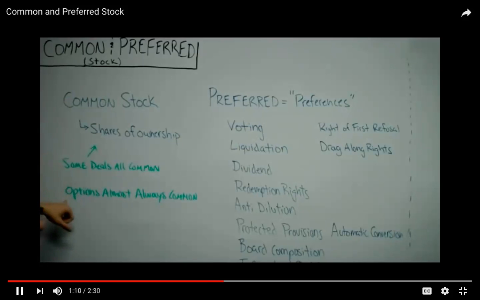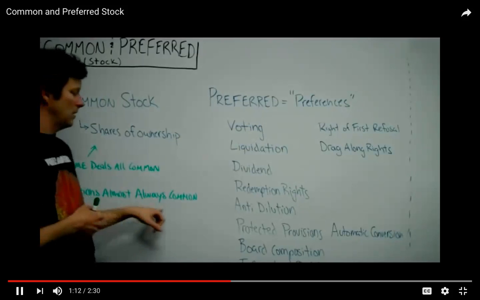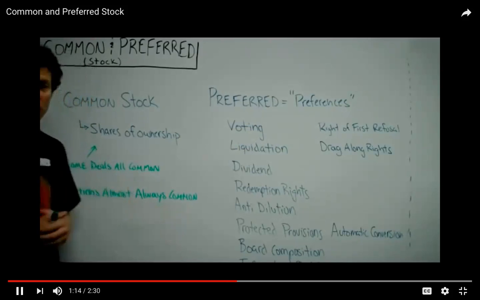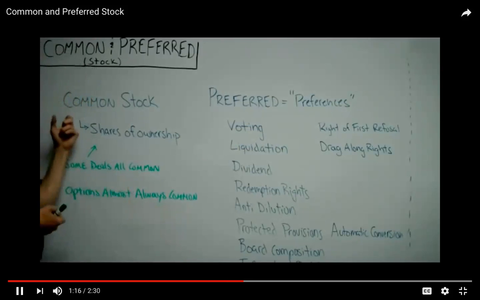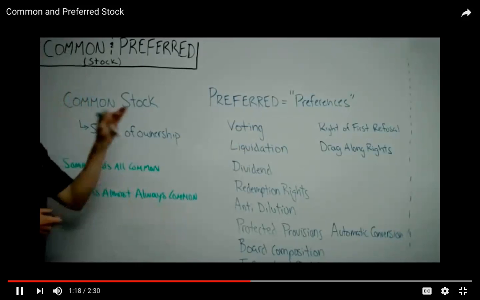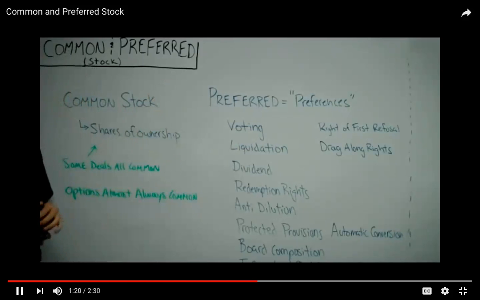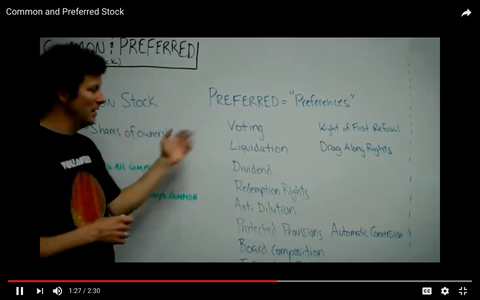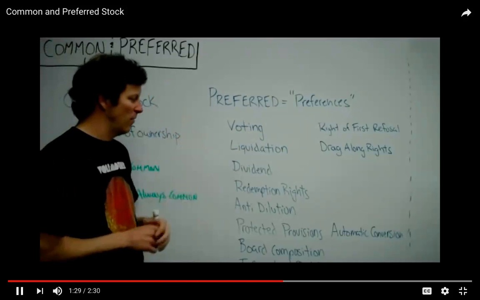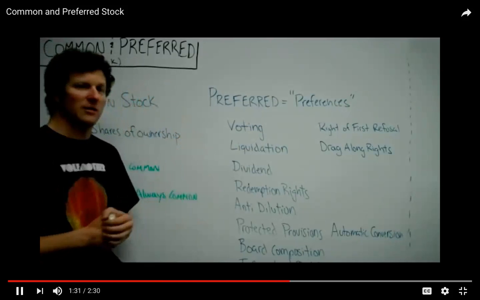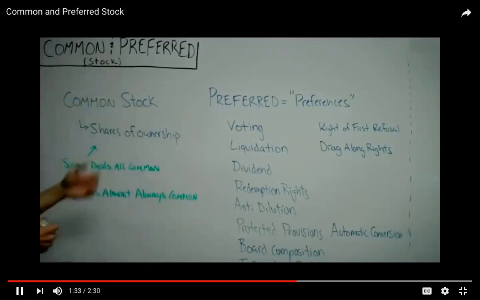Also, really important to mention that options that go toward employee compensation are almost always common stock, so you won't have any of the preferences that a preferred stock shareholder will have. And you can read some of these preferences. There are things like special voting rights, liquidation preferences, dividend preferences, redemption rights, and dilution preferences. We'll go into each one of these in greater detail in their own video.